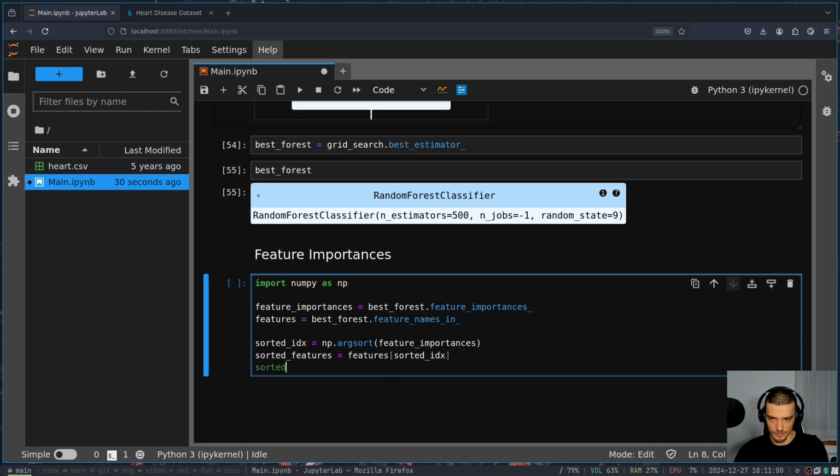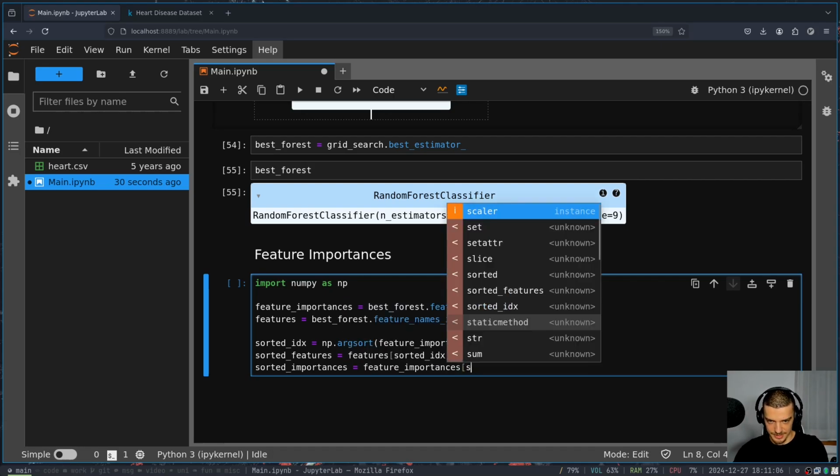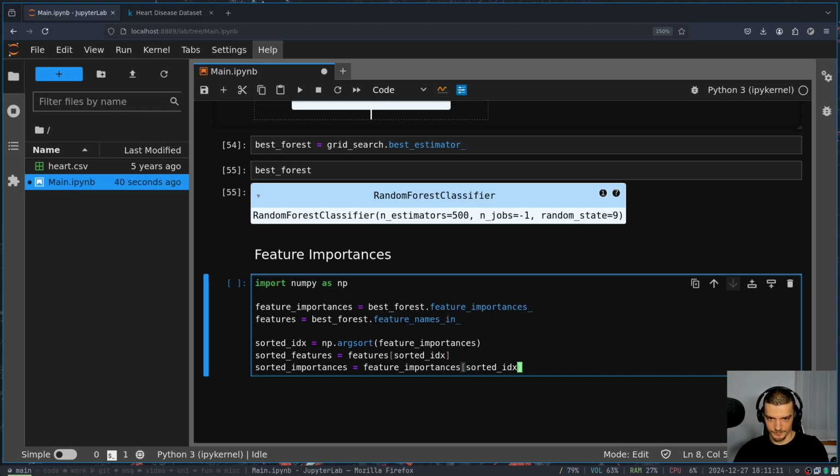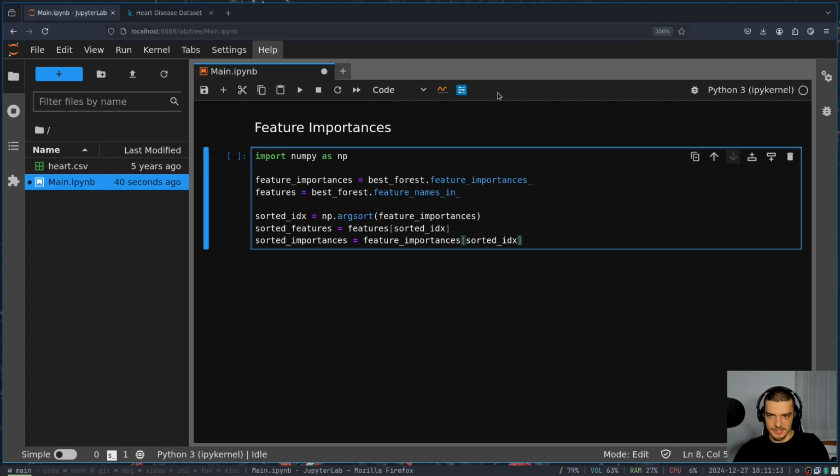And then sorted importances is going to be equal to feature importances at sorted index. Oftentimes what I also do in these tutorials is I zip, and then I basically do sorted zip, and I provide key is equal to lambda expression x1. This is also one way to do it, but we can do it like this as well, which is maybe easier to understand for some people.